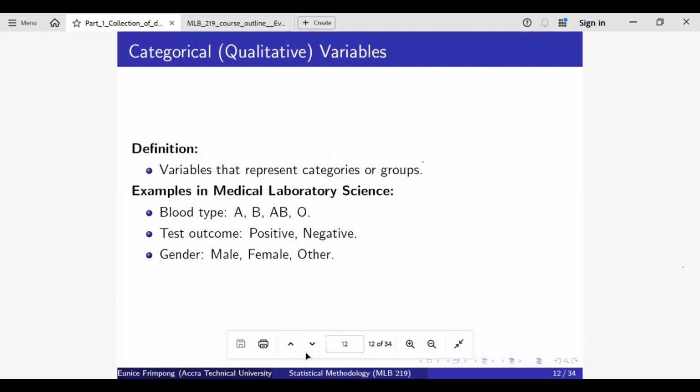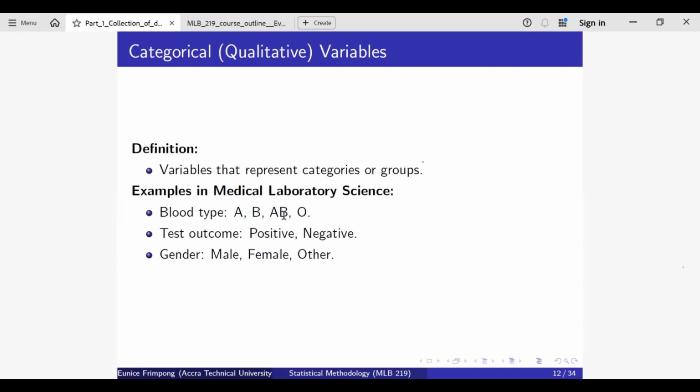Looking at the types of variables, there are two main types of variables. We have the qualitative variables and the quantitative variables. So what are qualitative or categorical variables? These are variables that represent categories or groups. You can't really assign numbers to them. So for example, blood type, we have blood type A, B, O. These are qualitative.